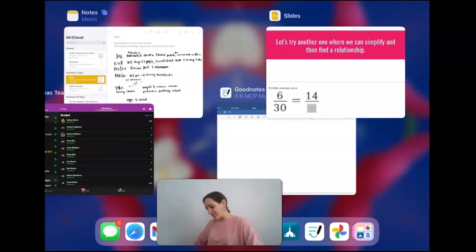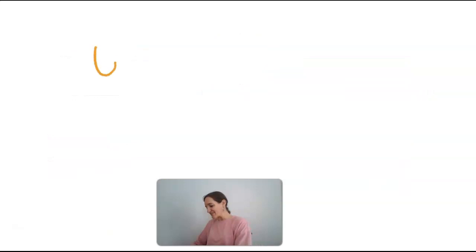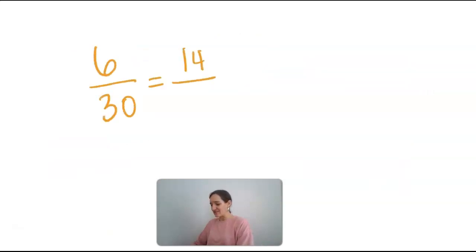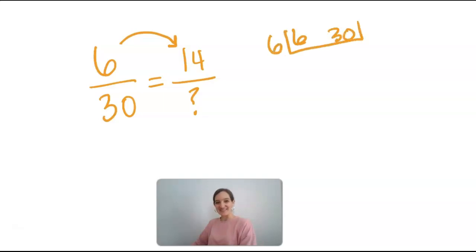6 to 30. Okay. So if we have a 6 to 30 and a 14 to something else, 6 to 14 does not have a relationship, right? But I notice that 6 and 30 do share a common factor of 6, don't they?